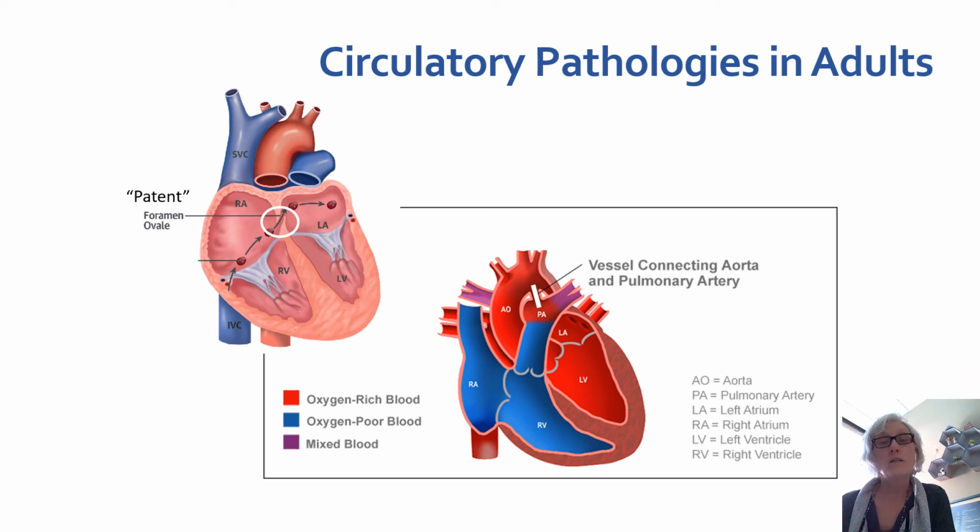Failure of the ductus arteriosus to close is much more rare, but it can happen, and this produces what we call a patent ductus arteriosus. Again, this very likely would be diagnosed in a child. I have not heard of instances when it was diagnosed in adulthood, but I suppose that it's possible.